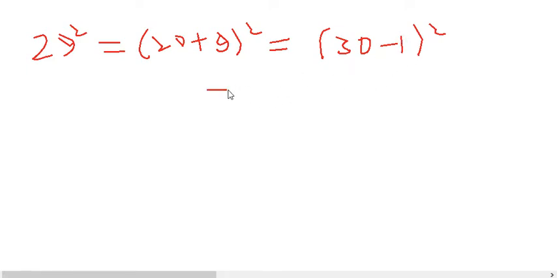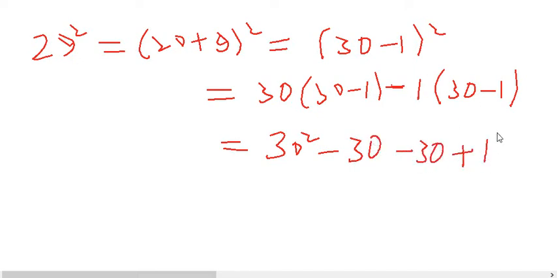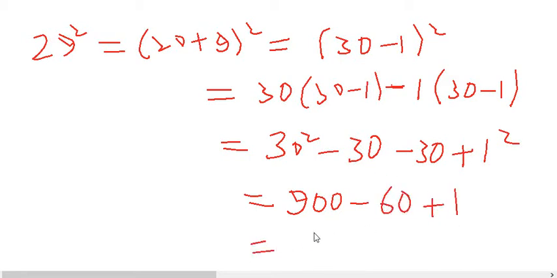So for 30 minus 1 square, we are going to use 30 into 30 minus 1 minus 1 into 30 minus 1, and this is 30 square minus 30 minus 30 plus 1 square. So this is 900 minus 60 plus 1, that is 840 plus 1, so 841.